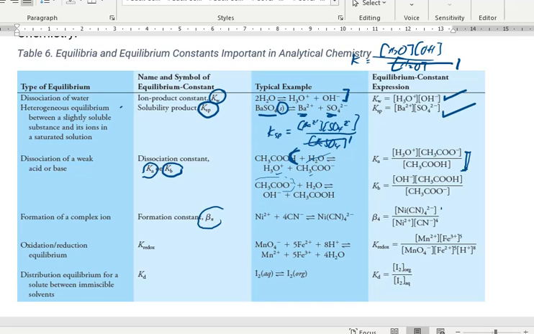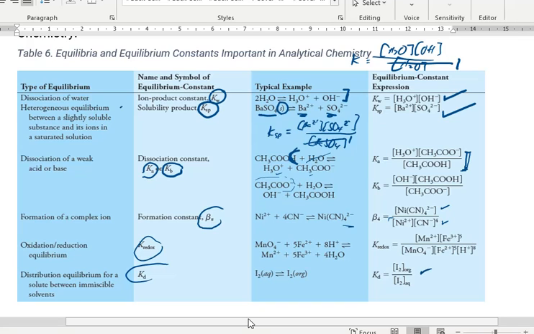So, we have the complex all over the nickel 2 plus and the cyanide ion, alright? Then, we also have a constant for redox reaction. So, this is what we call the redox constant. So, it's the same thing. Then, we have the distribution constant, okay?